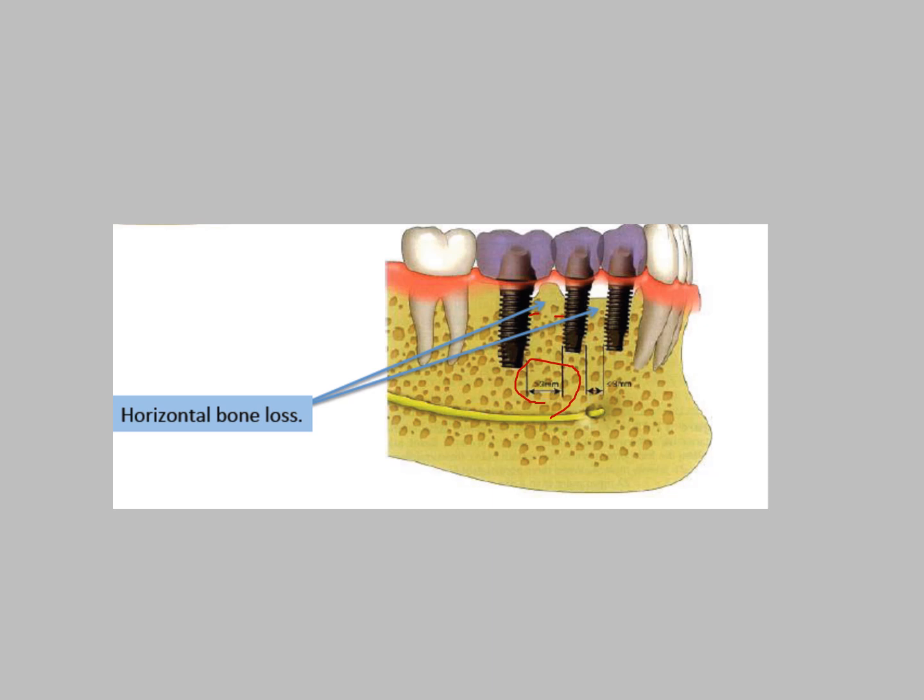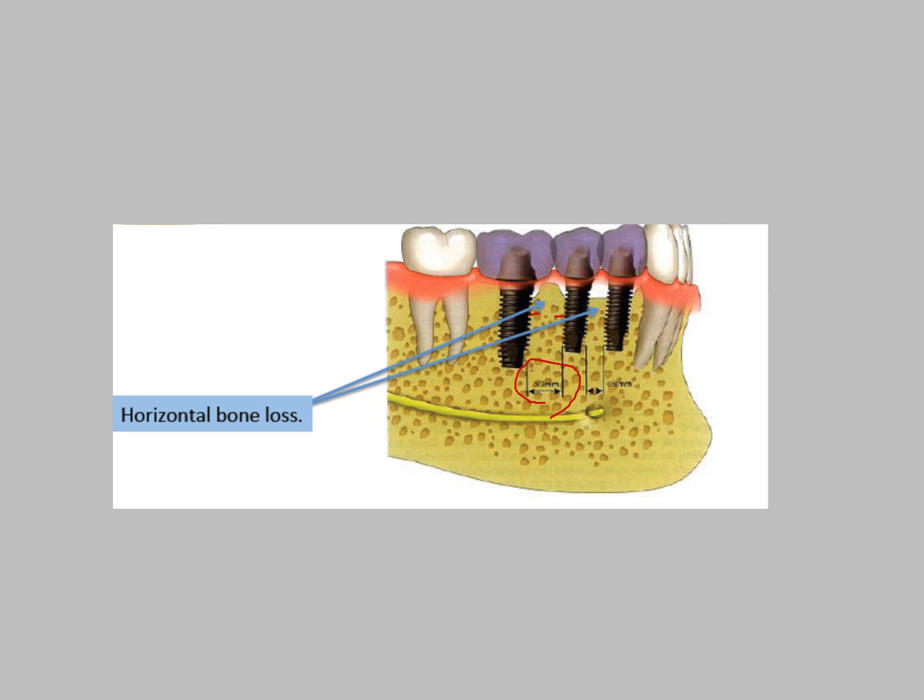So if you have 6 mil between lower 6 and lower 5, you will leave 1.5 from here and 1.5 from here, and you will add an implant with 3 in diameter. This is just an example to show you that you must leave 1.5 from here and 1.5 from here. If you don't leave 1.5 for each implant, this will lead to bone resorption, and there will be less blood supply.